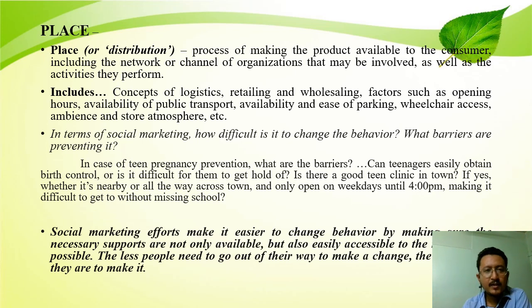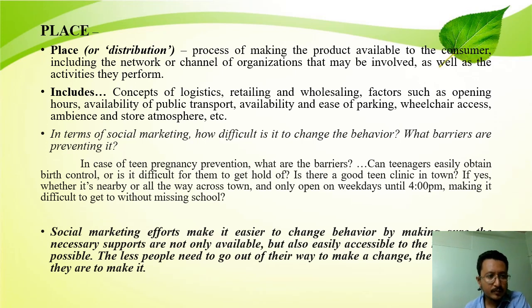Moving on to the next P, that is place. The place, which is also regarded as distribution, is the process of making the product available to the consumer, including the network or channel of organizations that may be involved, as well as the activities they perform. In other words, place is something which helps consumers access and avail the product or service.